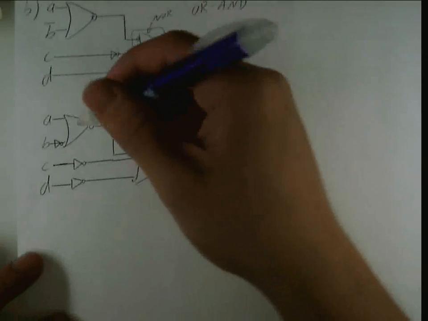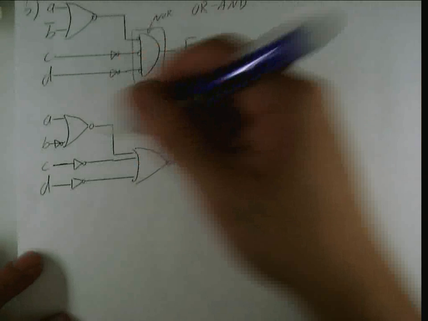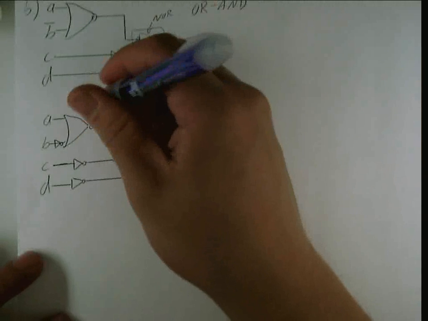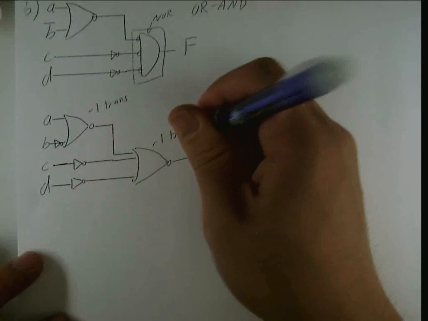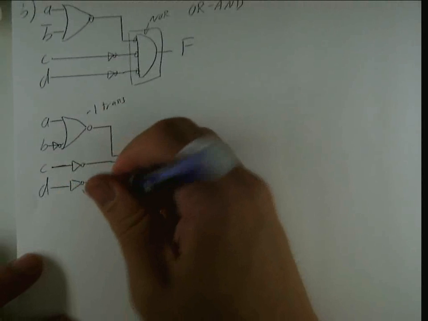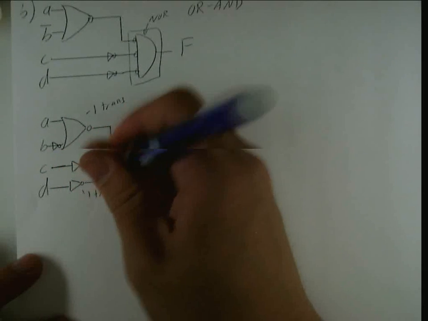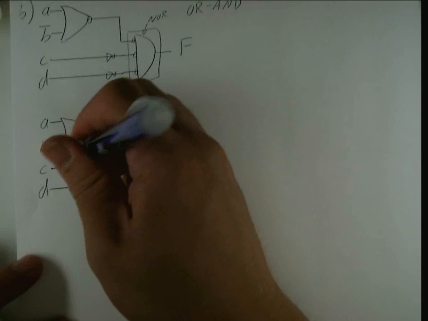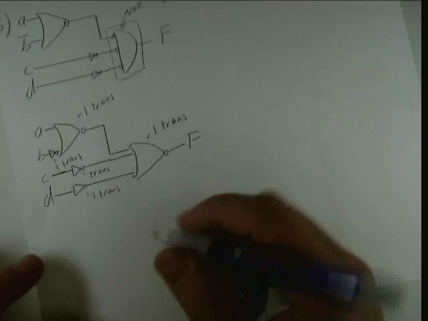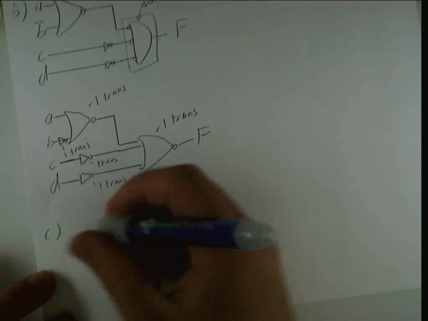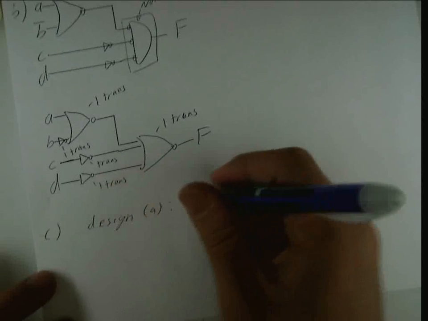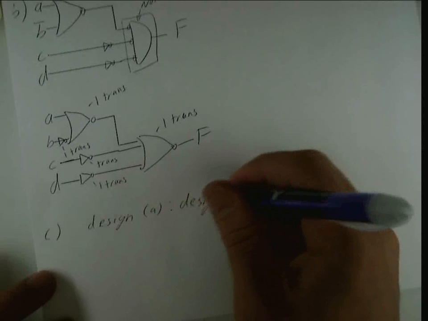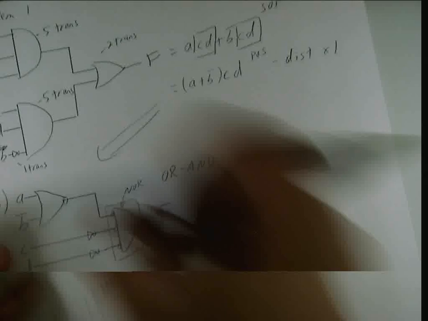Down here, we've got 1 transistor for a NOR, 1 for a NOR, 1, 1, 1. So design A to design B is going to be 5 plus 3 is 13.